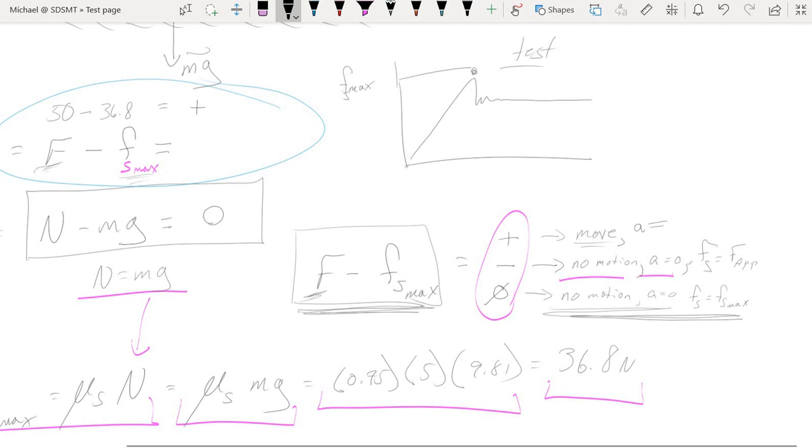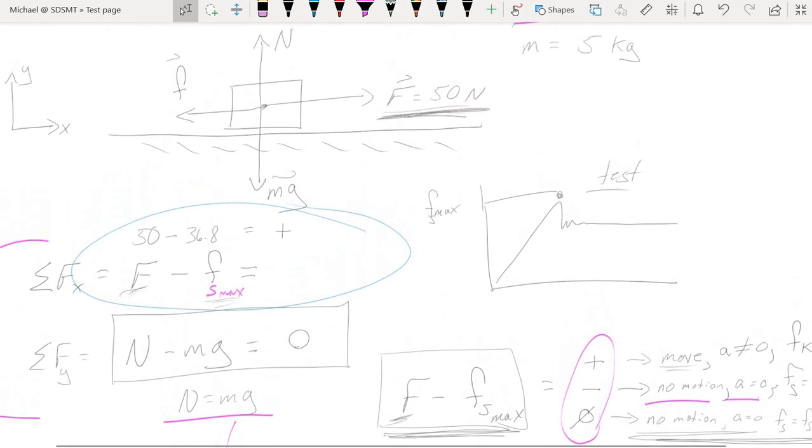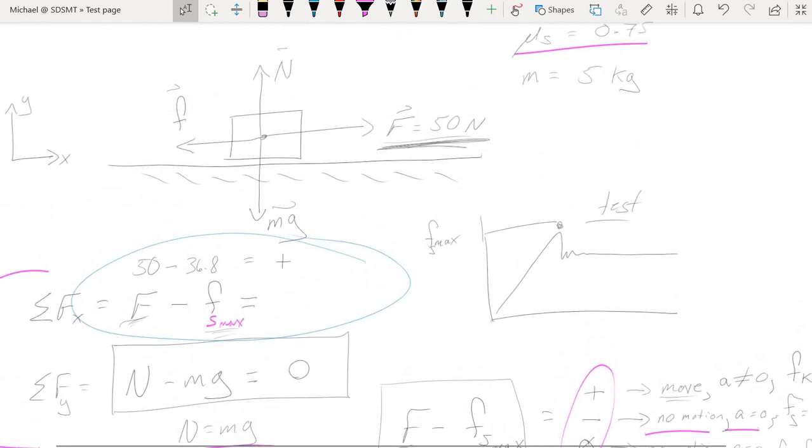Because it's going to move, the acceleration is not going to equal 0. And because we're moving, we will have to apply kinetic friction to the system. We started with static friction, but then our applied force was more than enough to overcome that. So our block does start to move.